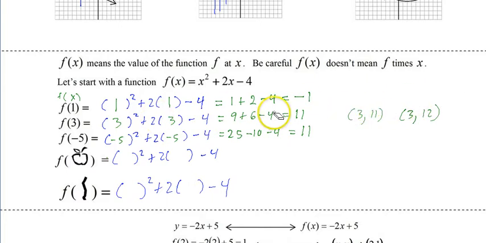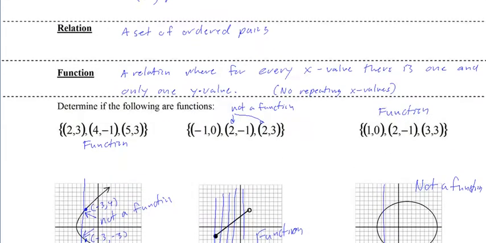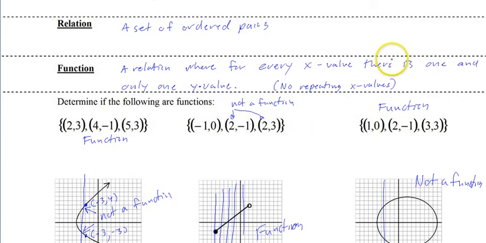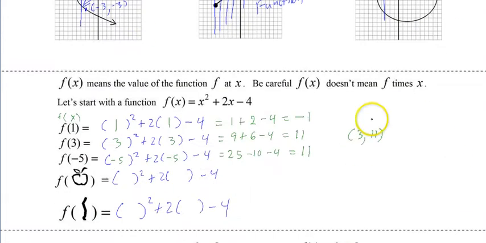You plug in 3, you get one number. One and only one y. And that's where the definition comes from. It's for every x value there is one and only one y value. So for that x, you get one y, period. You're not going to have one x and 2 different y values for that same x value. So no repetition. All right?